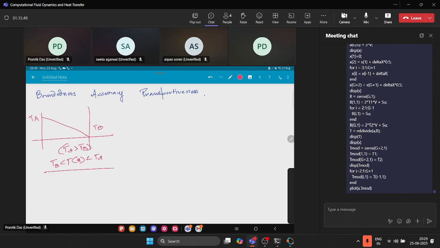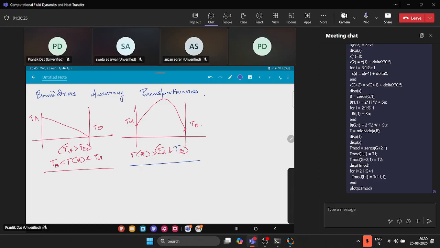What do you mean by unbounded? If the temperature inside the rod is higher than TA and TB, that is called an unbounded problem. Typically in an unbounded problem, sometimes the problem becomes unstable or doesn't converge.